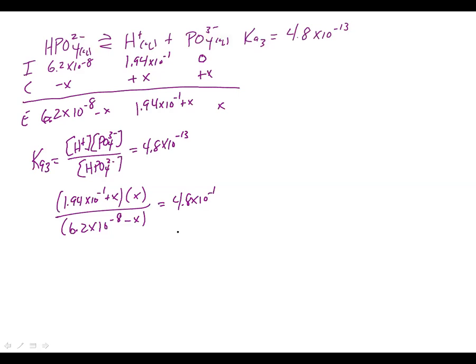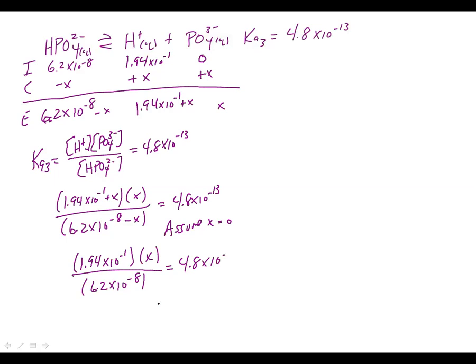Why not make the assumption we've been good all day here? x is equal to 0. That's going to give us up on top 1.94 times 10 to the minus 1 times x divided by 6.2 times 10 to the minus 8 equals 4.8 times 10 to the minus 13.